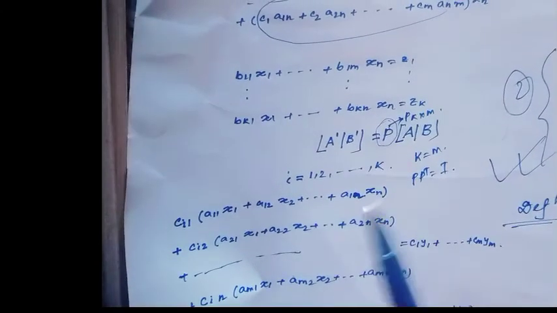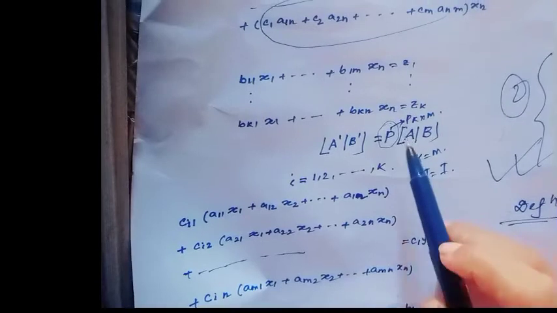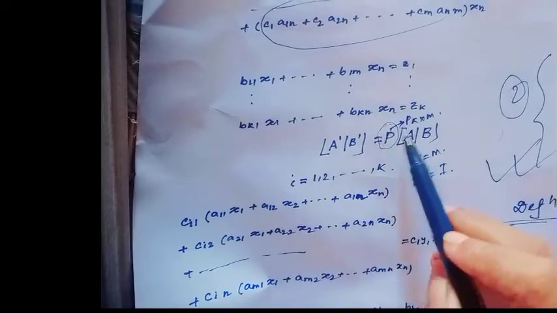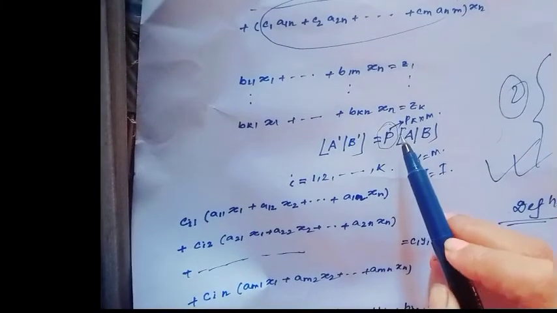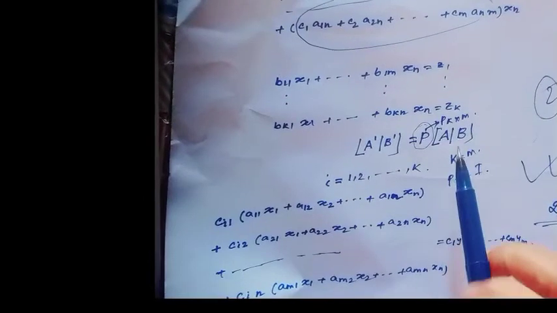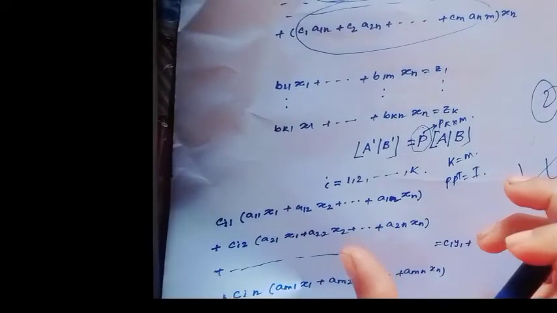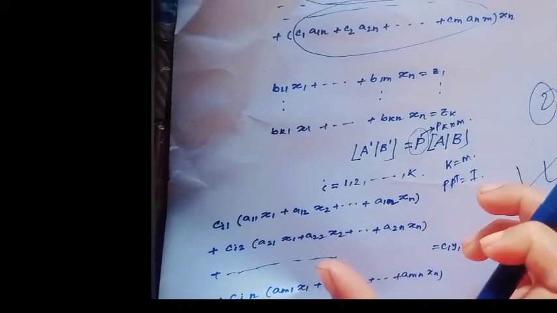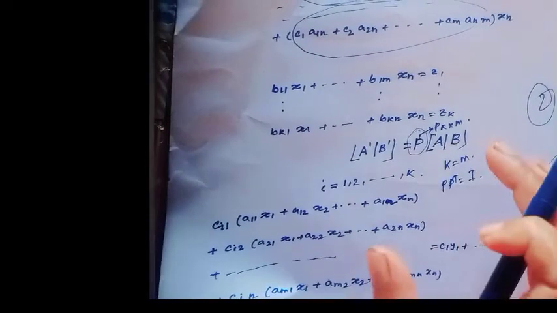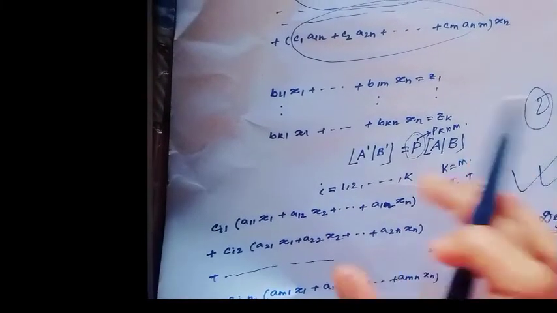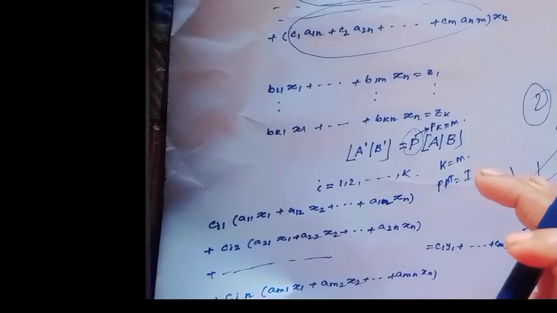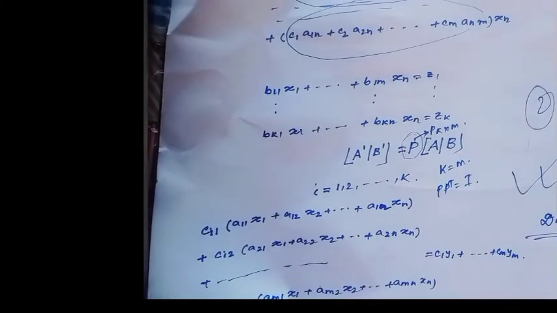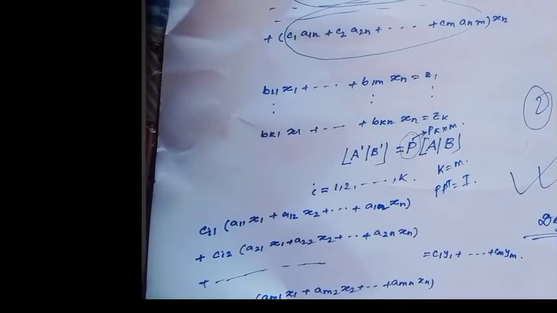But when I multiply with a suitable invertible matrix P, then I get two systems which are actually equivalent, meaning they have the same solution, older and new system. Have you understood? This is actually the definition of equivalent.